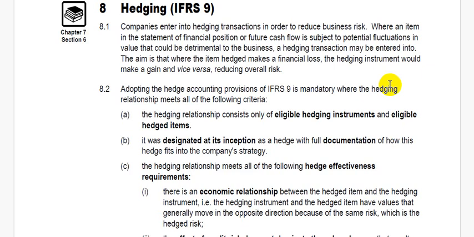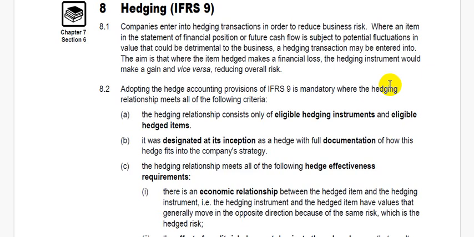So the aim is that where the item hedged makes a financial loss, the hedging instrument would make a gain and vice versa, thereby reducing the overall risk.